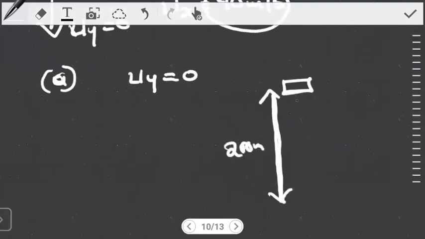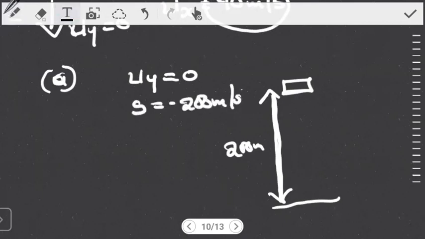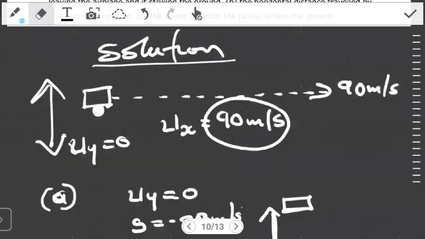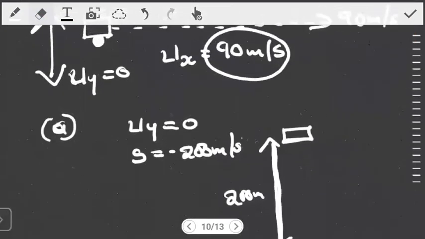So for the parcel to fall from the plane and strike the ground, it has to cover this distance coming downwards. In other words, by the time the parcel strikes the ground, its displacement will be negative 200 meters. Sorry, this is displacement, so it is in meters, not per second. So the unit, since this is displacement, is 200 meters.